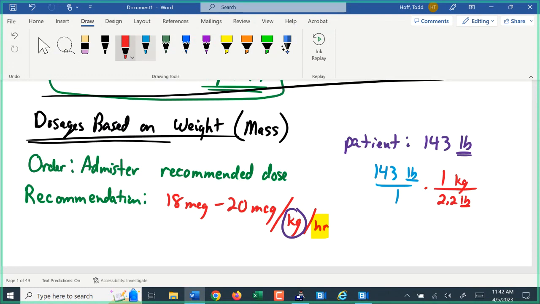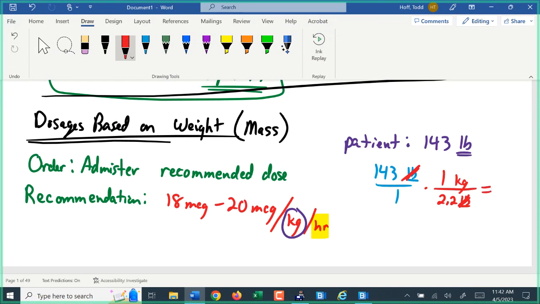And now that 2.2 is approximate. It's really 2.208, somewhere like that. We just use 2.2, it's close enough for our dosage recommendations. We're going to do this calculation often enough. We see here that the pounds cancel out, and we're just going to divide by 2.2.